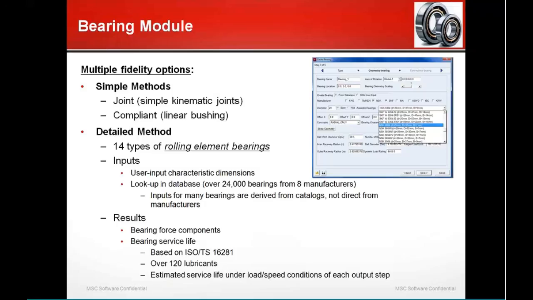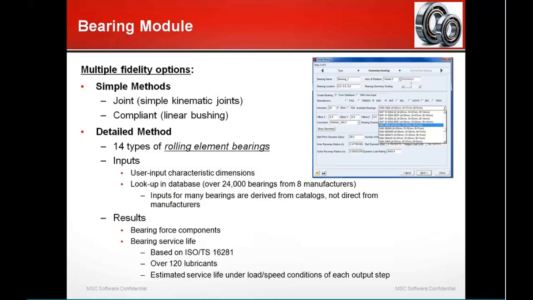What the calculation here is doing is calculating the force, the nonlinear stiffness, so the nonlinear force response of the bearing to the rest of what the Adams model is trying to do to the shaft that the bearing is holding up. And this is also providing us a bearing service life at the end of our analysis. We can look at service life prediction based on some ISO standards.